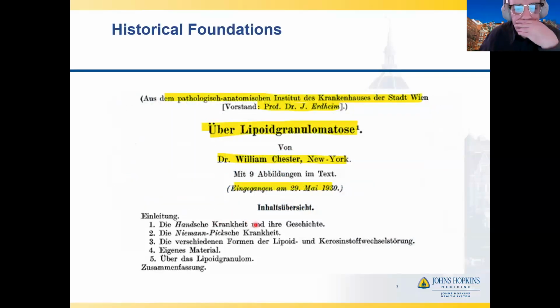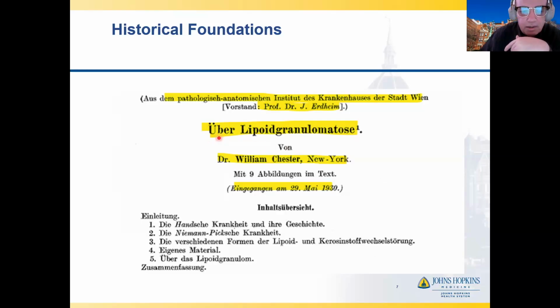So I like history, and I go back to Dr. William Chester, and you can see that a lot of these rare disorders are actually discovered by pathologists. Dr. William Chester was a pathologist from New York, and he is credited for the first description of Erdheim-Chester.